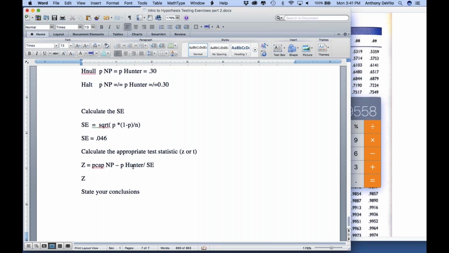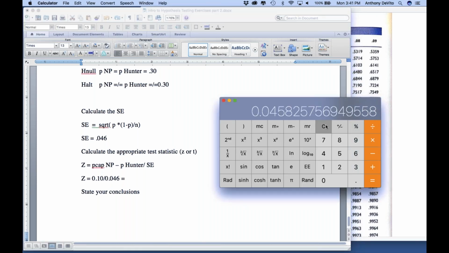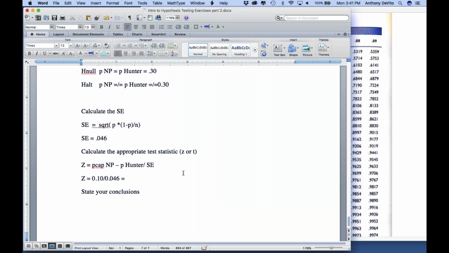In other words, the difference between them is 10%, 0.10, divided by 0.046. Let's do that real quick. 0.1 divided by 0.046 is equal to a z-score of 2.17.